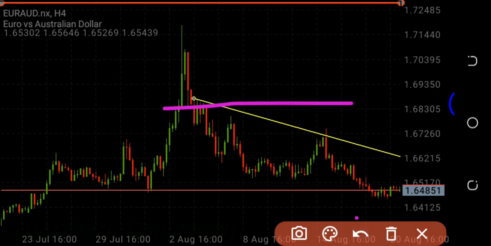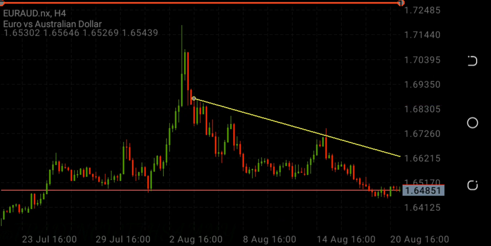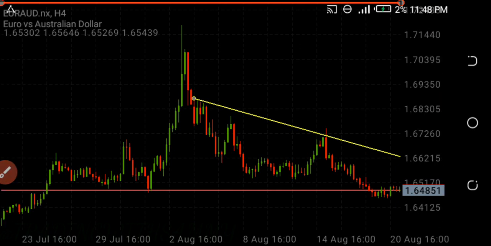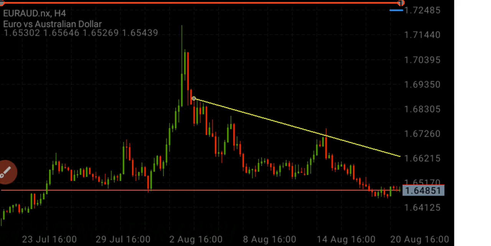Why am I saying this? Price reacted to it, but I might be saying this also because of what I'm seeing. I'm seeing a fair value gap here. Let me get some tools. I'm seeing a fair value gap here. The price might react to it.